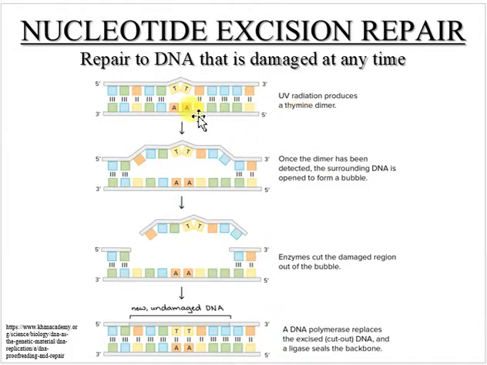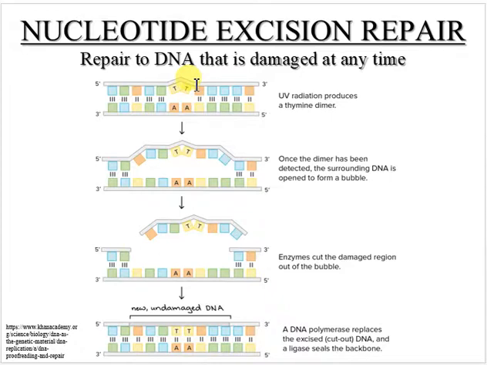That's this weird looking thing here. This makes the double helix very stiff at that site. You have an enzyme called photolyase, a protein that's activated by UV exposure, which will specifically recognize this thymine dimer.